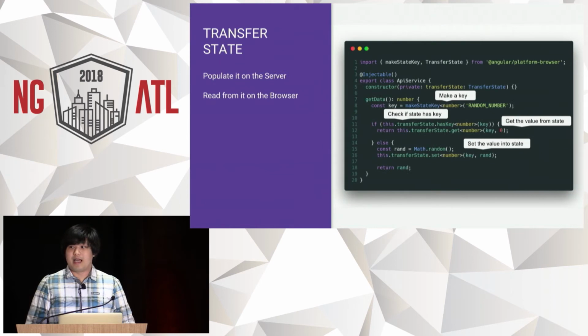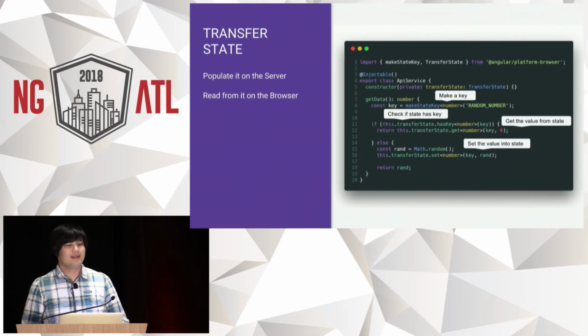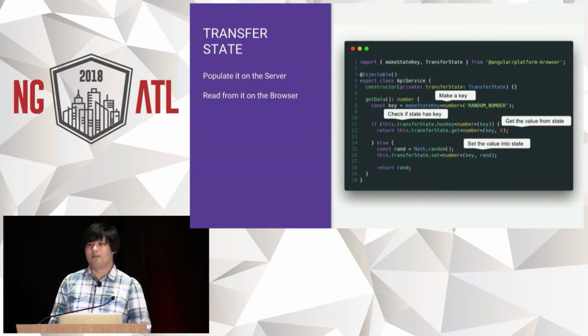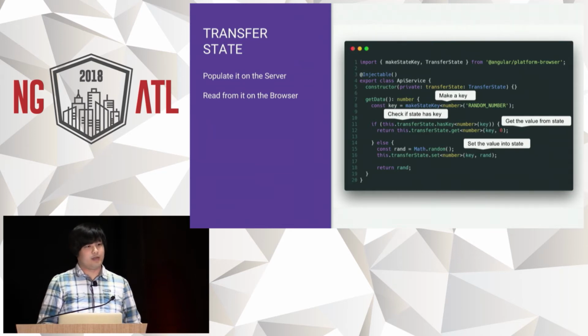It works very much like a map. First you create a key, and then you can use this key to get and set data. The state persists between server and browser, so what gets set during the server render is available during the browser.